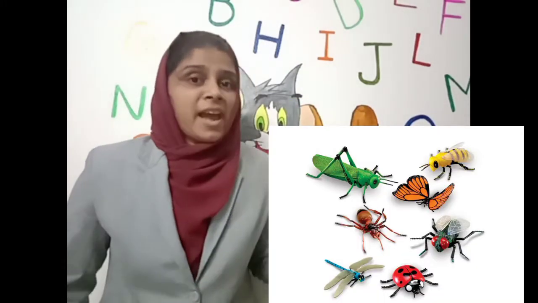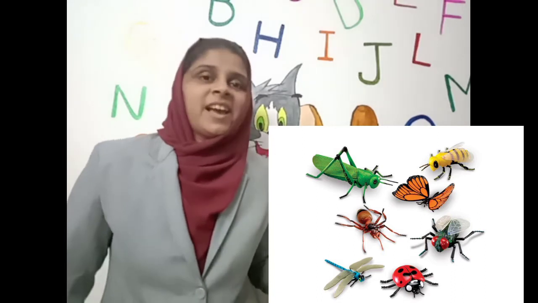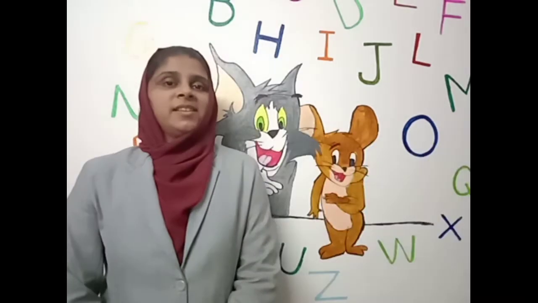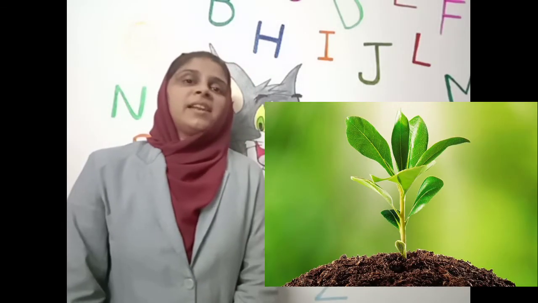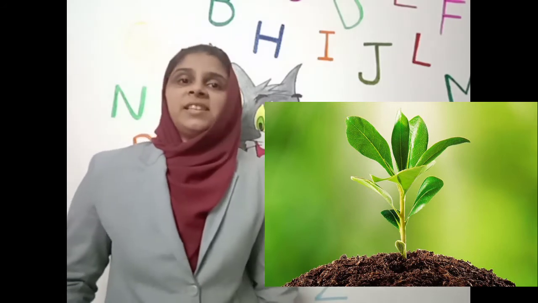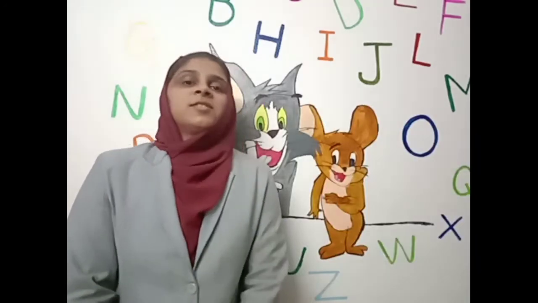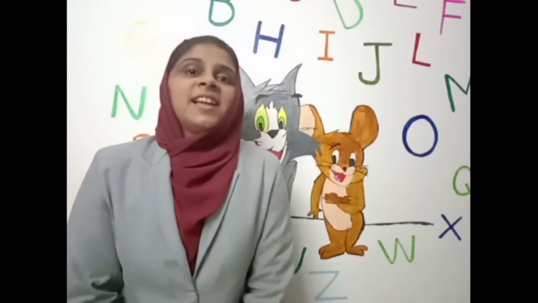Then insects. Insects can move, eat and grow. Then human beings. Human beings can eat, move and grow. Then plants. Plants also can grow, eat. Okay. So these are the living things.